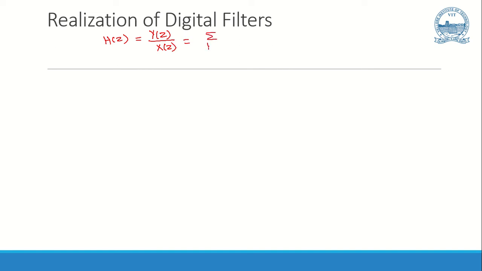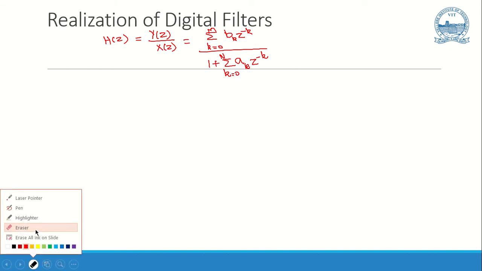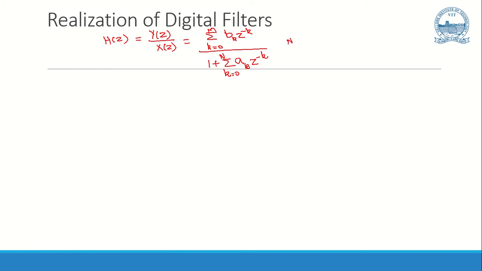This is represented as summation k equal to 0 to M b k z power minus k divided by 1 plus summation k equal to 0 to N a k z power minus k, provided I have N greater than or equal to M. This is the condition I am taking.